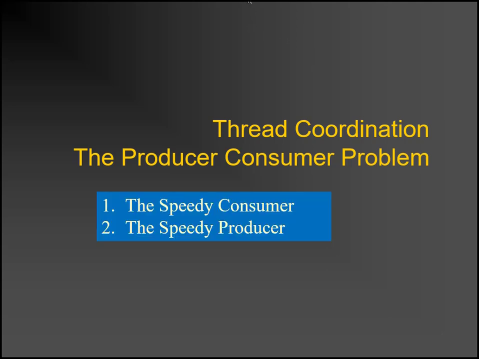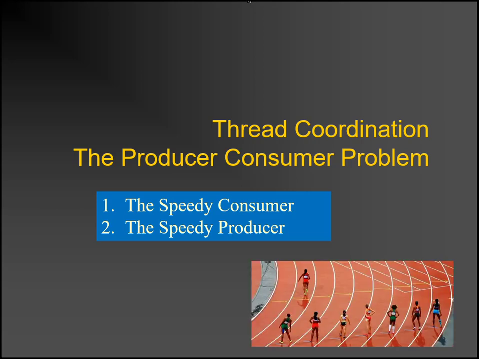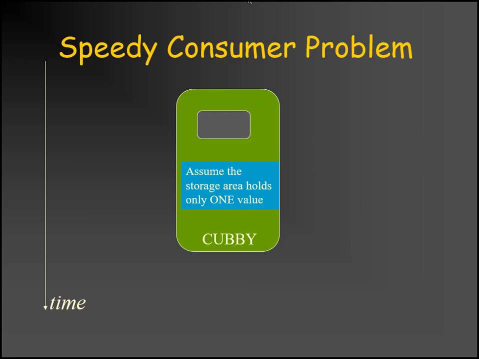There's a speedy consumer and there's a speedy producer, and that is the problem with threading, especially when you're trying to coordinate them. It's kind of like you're running a race and one person jumps out in front of the other and is traveling too fast. So let's see how this works out. If we begin with the speedy consumer problem, assume that you have a cubby, a place where some data is put.